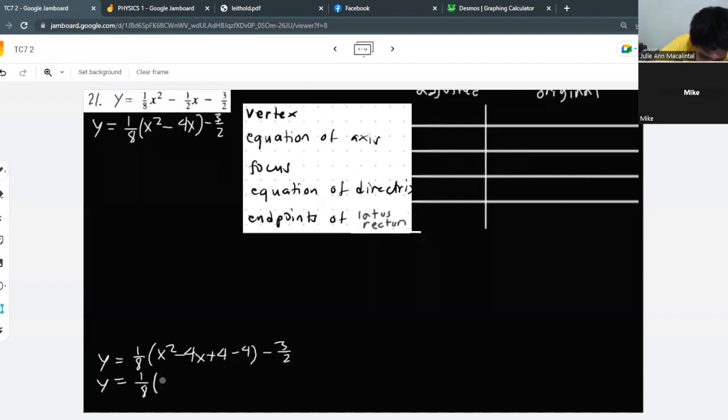So 1/8 x plus 2, x plus 2. And then use square brackets, parentheses. Four.